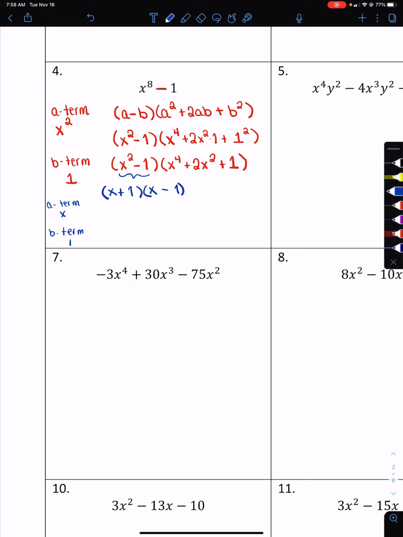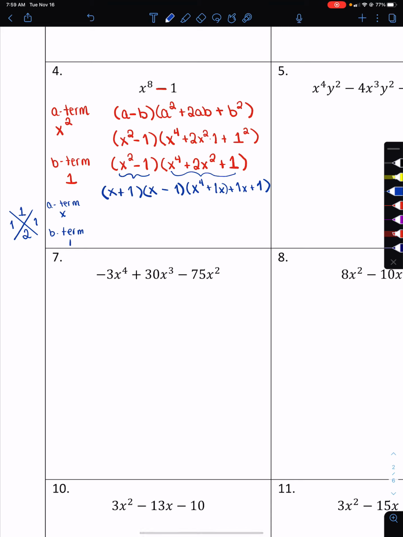And looking at that trinomial here now, can we factor that? Is there anything that would multiply to 1 and add to 2? Yep, there would be a 1 and a 1. So we would have x to the 4th plus 1x plus 1x plus 1.